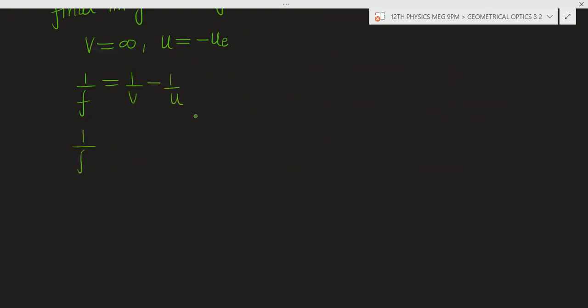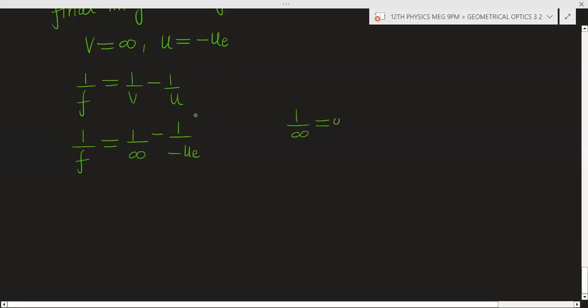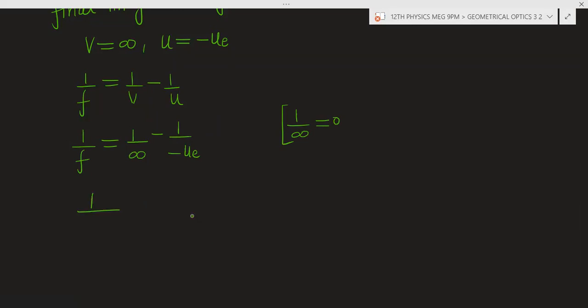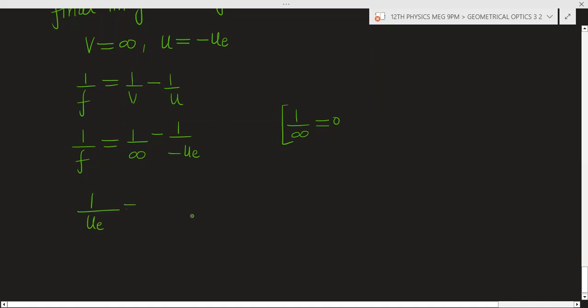So 1 upon f is equal to 1 upon infinity minus 1 upon minus UE. 1 by infinity is equal to 0. So you will get 1 upon UE is equal to 1 upon f.